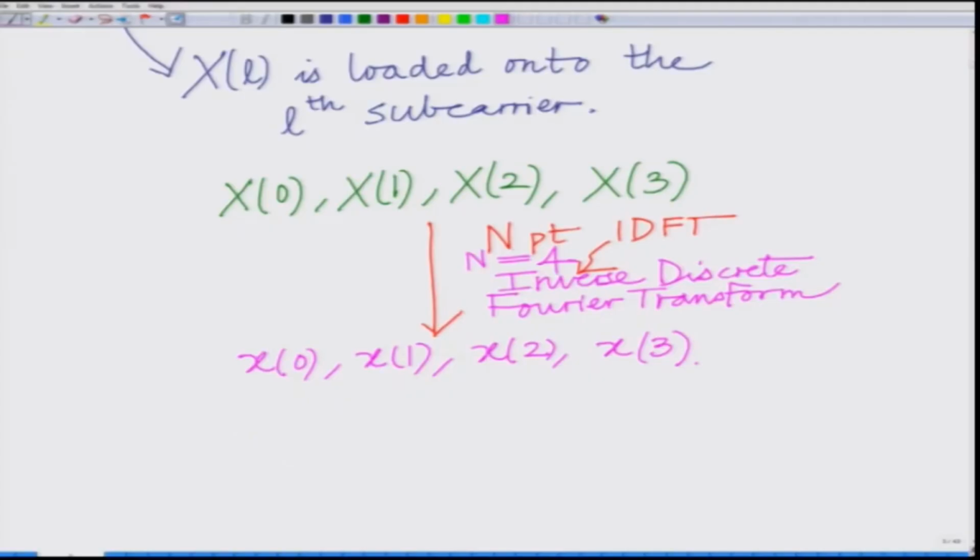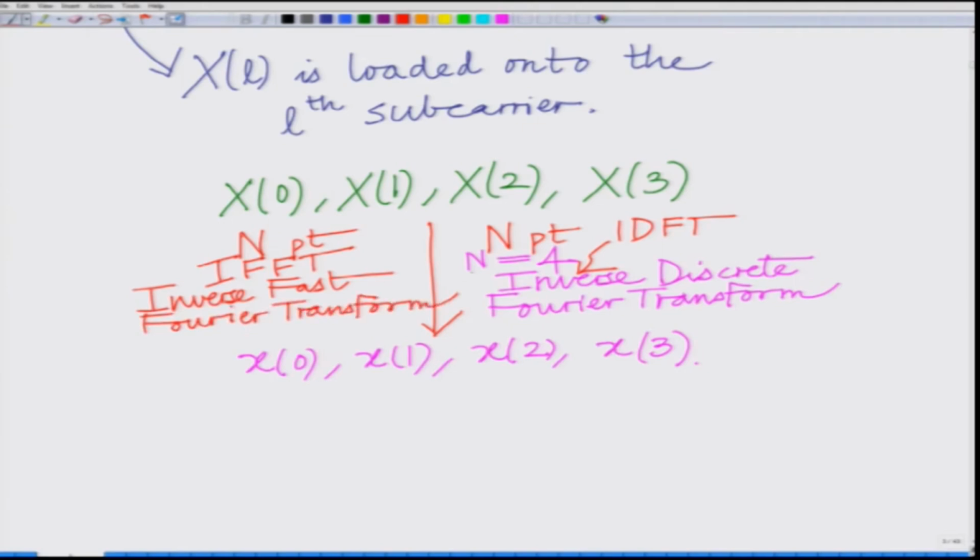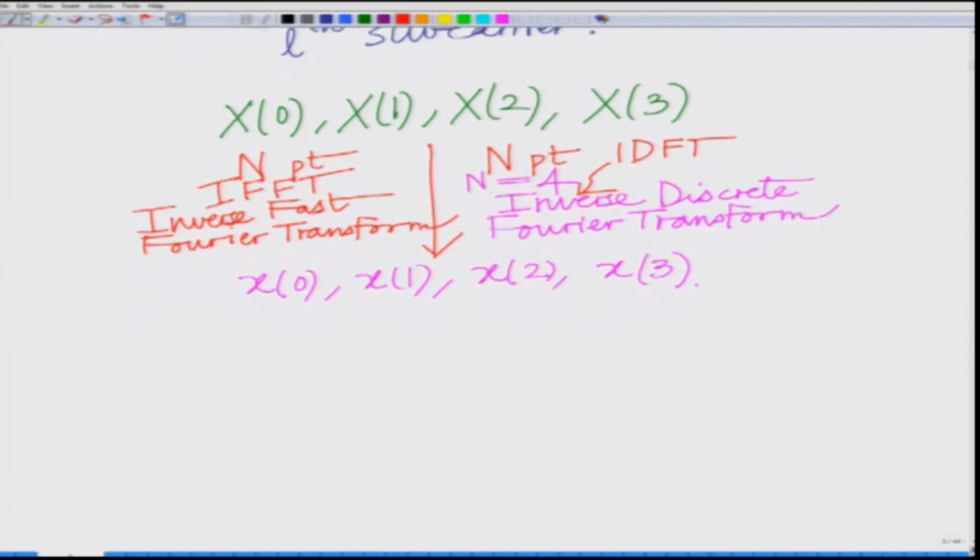This can also be performed very efficiently, in a very fast manner, using the inverse fast Fourier transform. Typically you will see the N-point IDFT is the same as the N-point IFFT. IFFT is simply a fast algorithm to perform the inverse discrete Fourier transform.